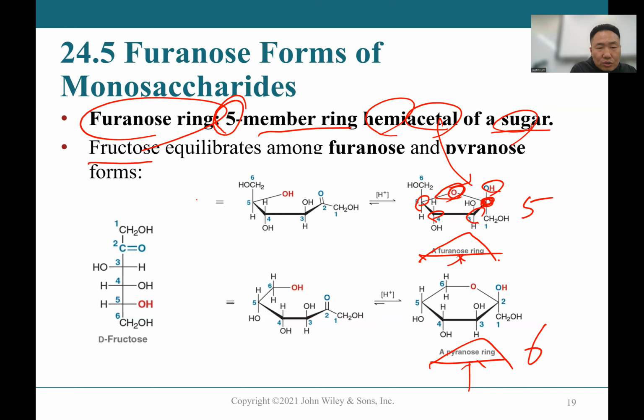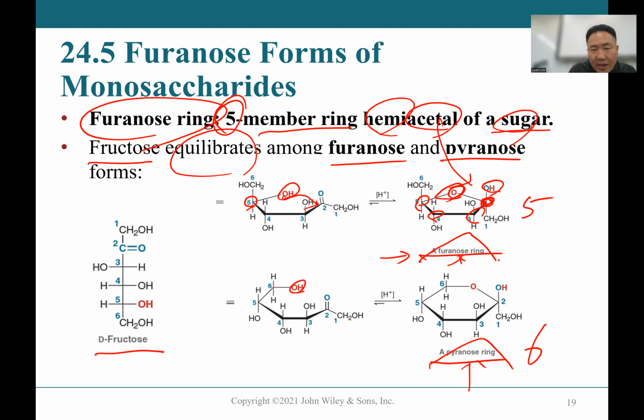So fructose, this is fructose, equilibrates among furanose and pyranose forms. To generate the furanose ring, the OH group on C5 attacks the carbon.